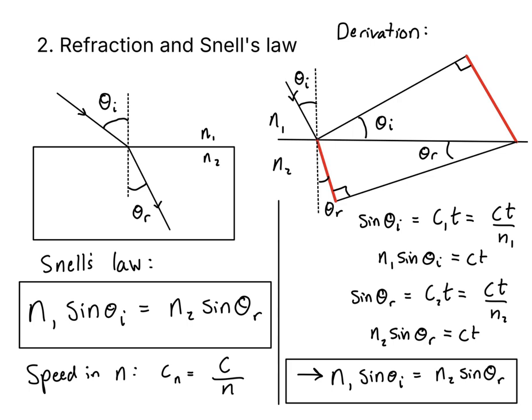From the same process, this also equals n2 times the sine of the refracted angle. Equating these gives n1 times the sine of the angle of incidence equals n2 times the sine of the angle of refraction. This is Snell's law, and is one way to derive it.